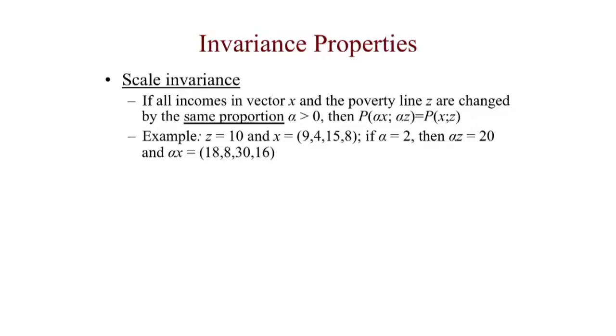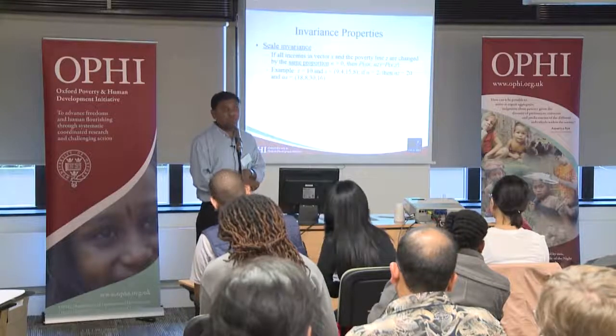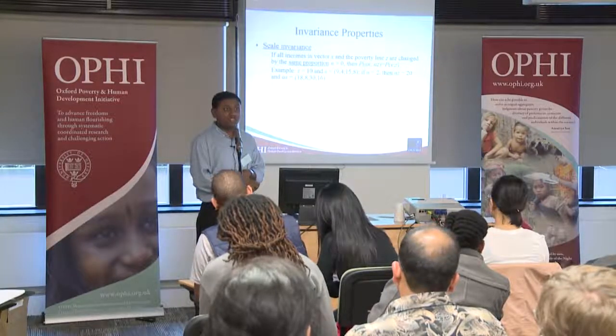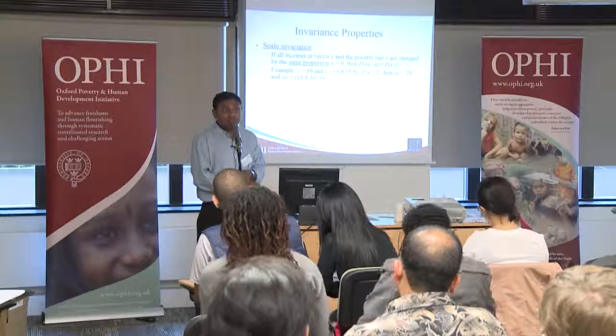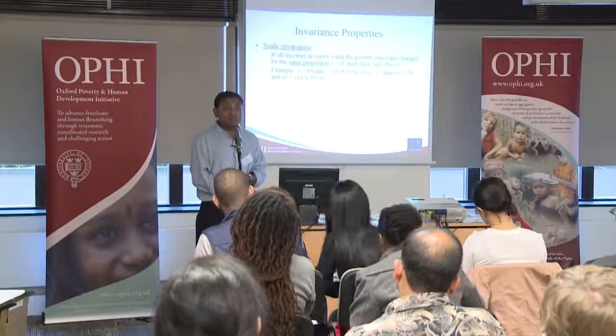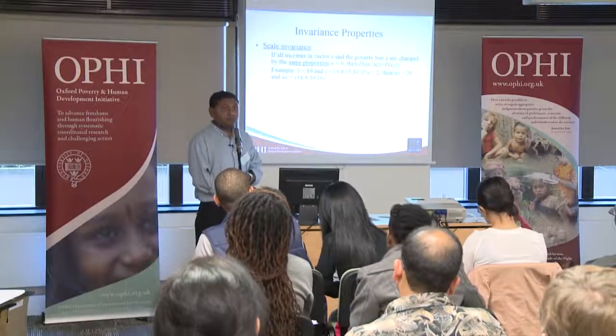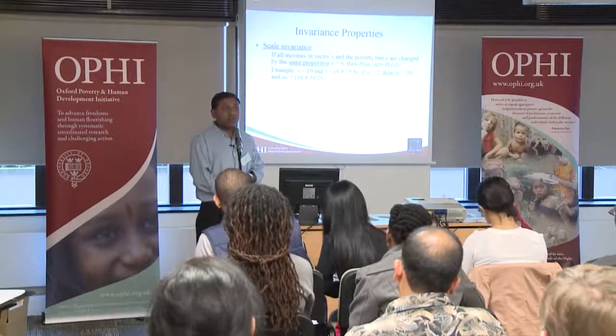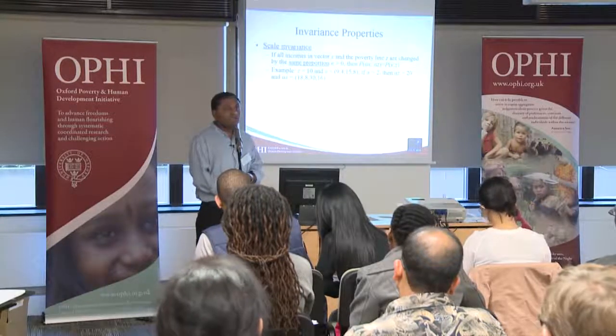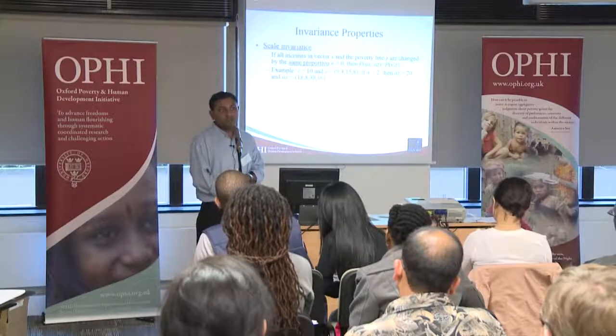You double the poverty line, and you double every income in this distribution. Should the idea of poverty change? Because you are just increasing the poverty line and everybody's income. It is very much the same as changing the unit of measurement, right? With pound and dollar, you have an exchange rate of say 1.6, so you are multiplying everybody's income in the UK by 1.6. It should not change the overall poverty.